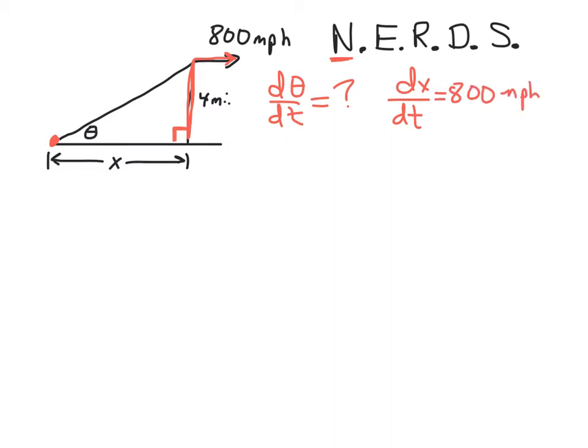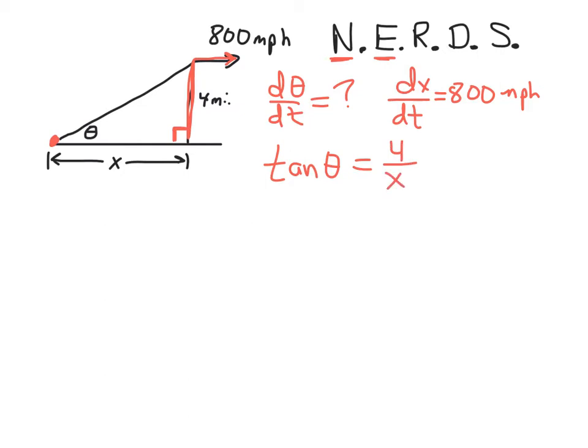So that means x is going to be increasing at that rate of 800 miles per hour. And then I can also say, I know that tangent of theta, and this is my equation part, E for equation, tangent of theta is always going to be 4 over x.